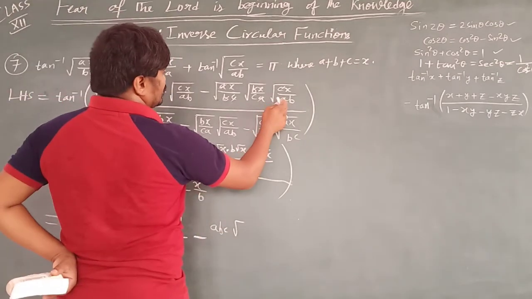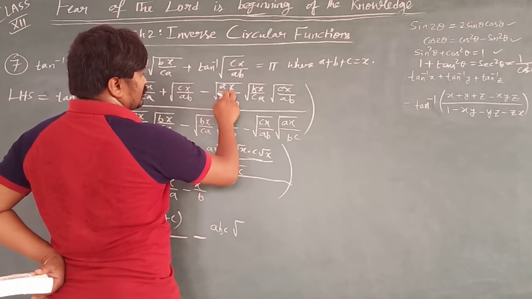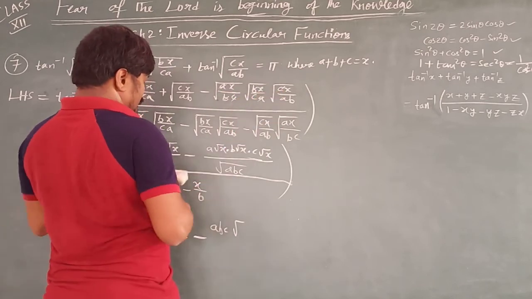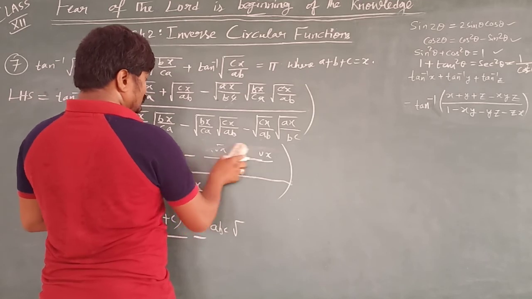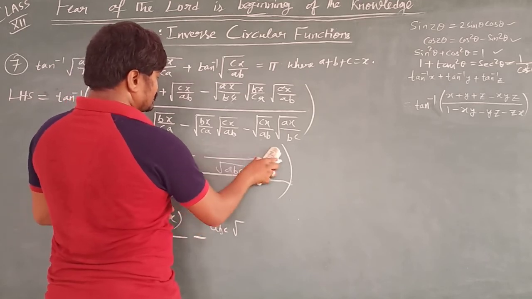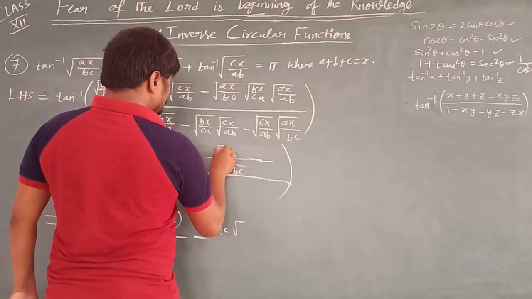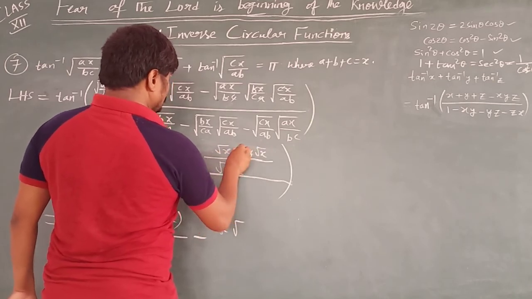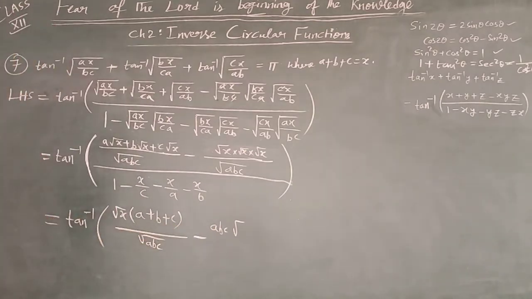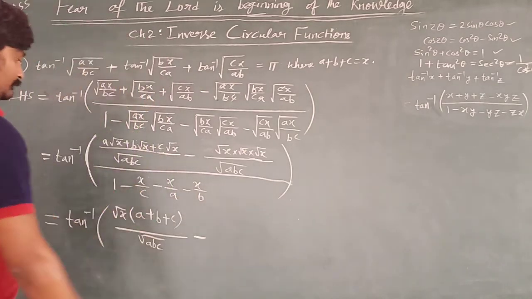So then what we get is root abc, and here root x. So here abc we cannot get. So here we get root x into root x into root x. Then it is correct. So now check carefully what are the possibilities here.